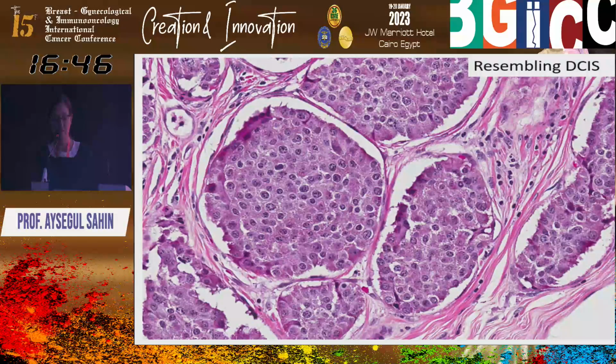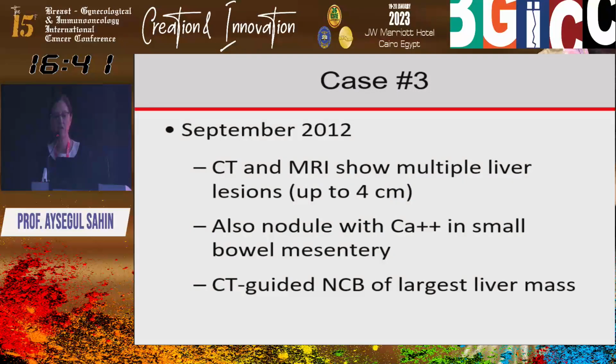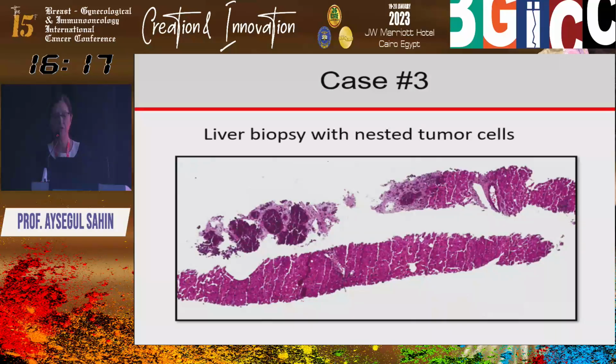and we said this is the solid component of invasive cancer. And 2 years later, she had some abdominal discomfort, and based on that, she had a CT and MRI, and there were multiple lesions in the liver, and there were also nodules with calcifications in the small bowel mesentery, and a CT-guided biopsy of the liver mass was performed, and here is the liver lesion.